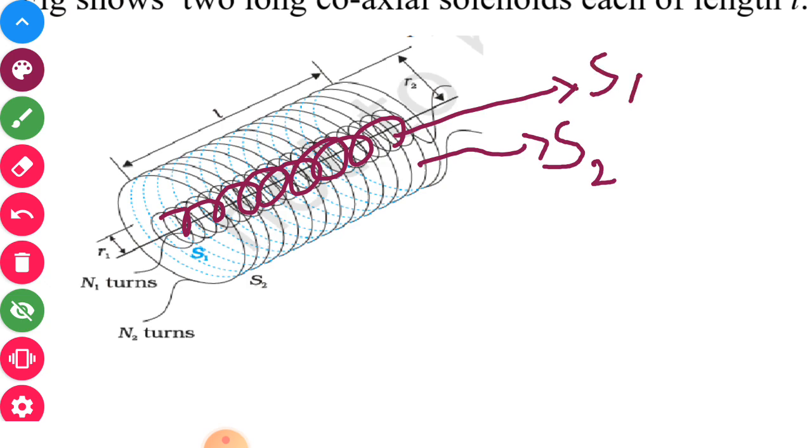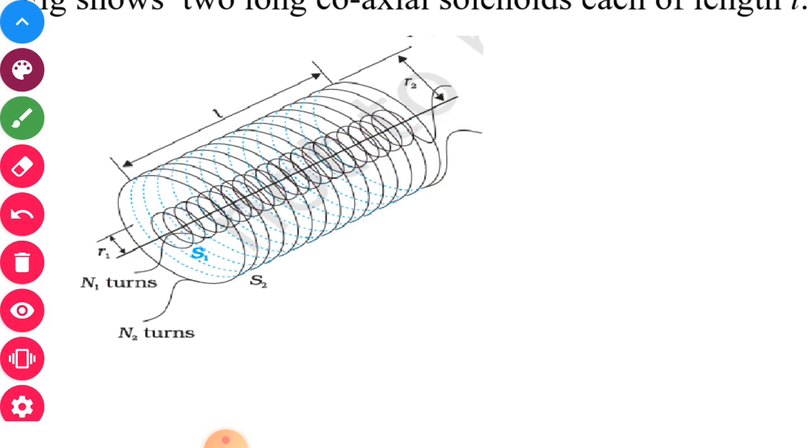Their radii are R2 and R1. The outer solenoid has the bigger radius R2, and the inner solenoid has the radius R1.